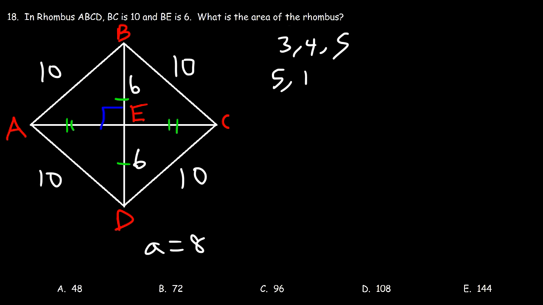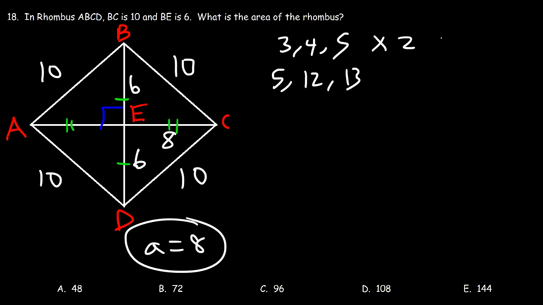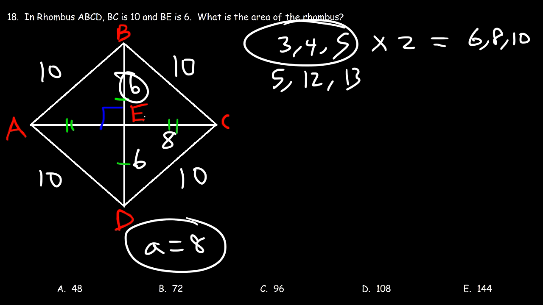The next one is the 5, 12, 13 triangle. And notice that this side is 8. If you multiply the 3, 4, 5 by 2, it gives you the 6, 8, 10 triangle. So any ratio or any multiple of that ratio will also work. So we have the 6, 8, 10 triangle in this example.